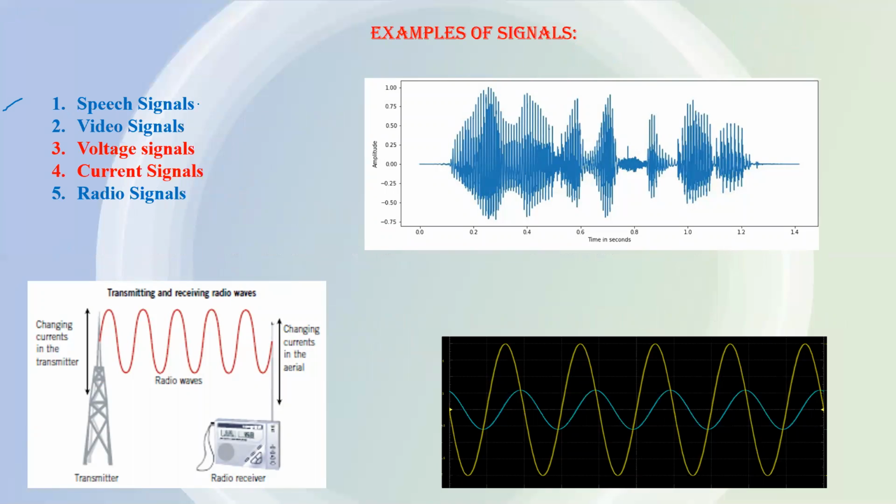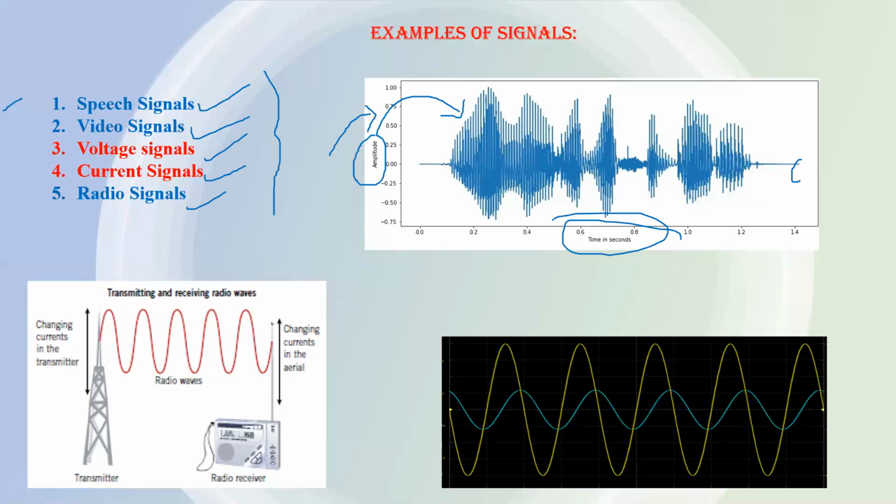Here you can see the examples of signals: speech signals, video signals, voltage signals, current signals, radio signals. These are the examples of signals. And you can see in this picture how the strength of a speech signal is changing with time. So here the amplitude of the speech signal is a function of time.